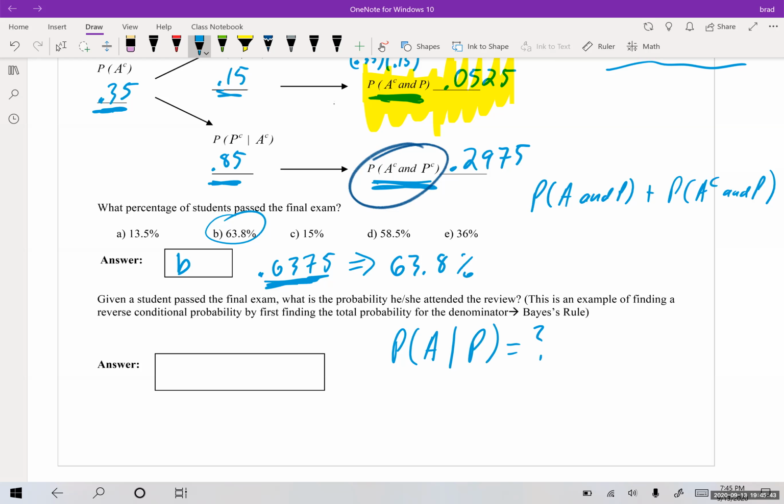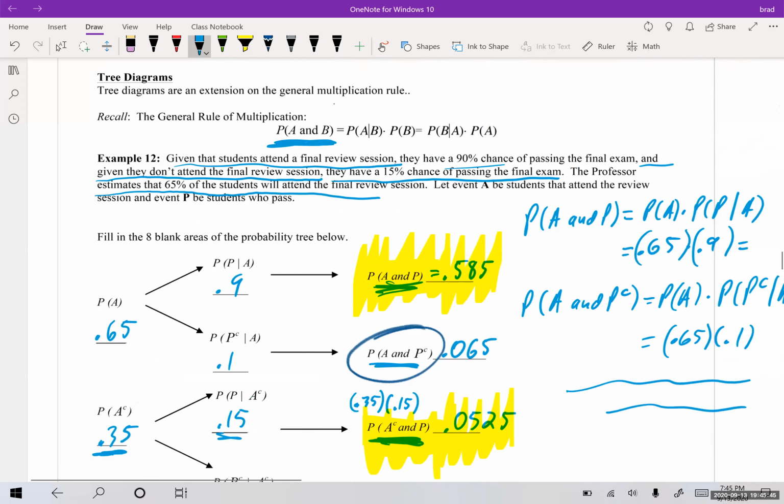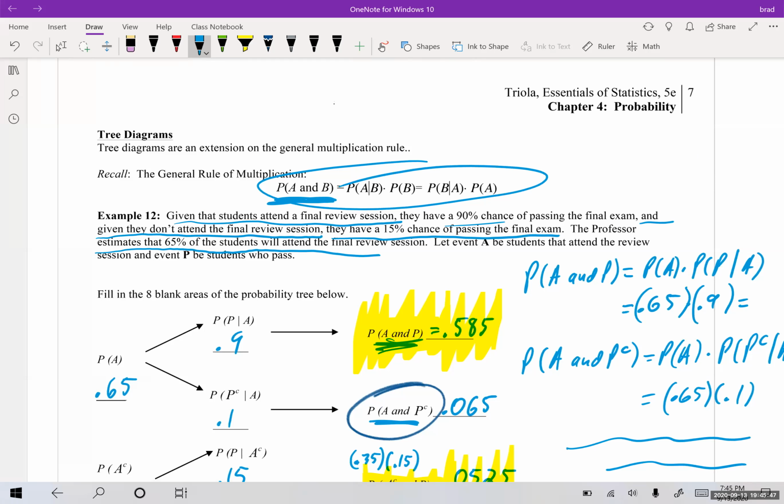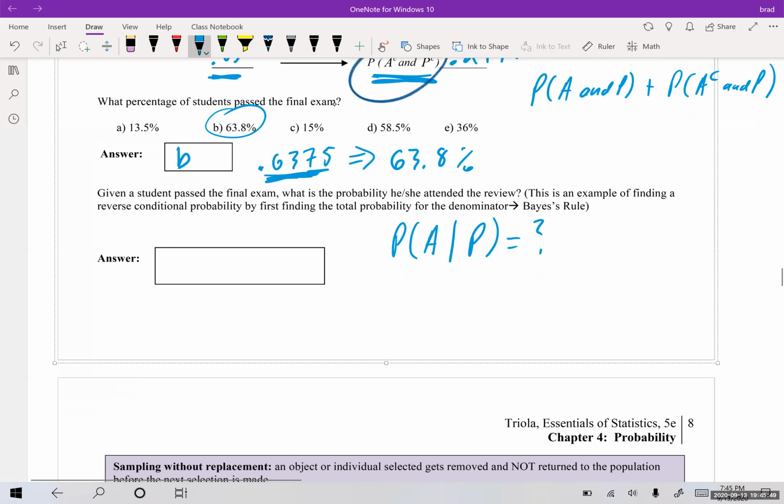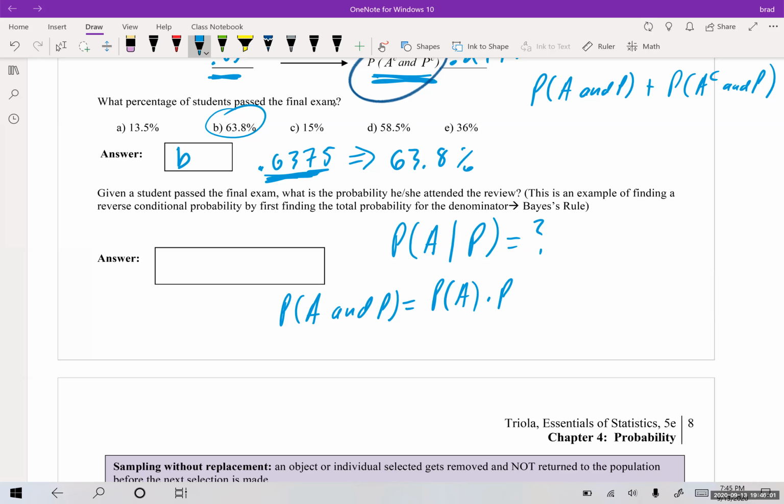So I'm going to come all the way up here and write out the general formula. The probability of attending and passing is equal to the probability of attending times the probability of passing, given that you already know they attended. Okay, so we want it the other way.